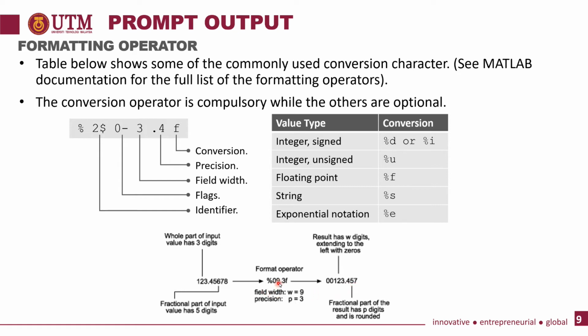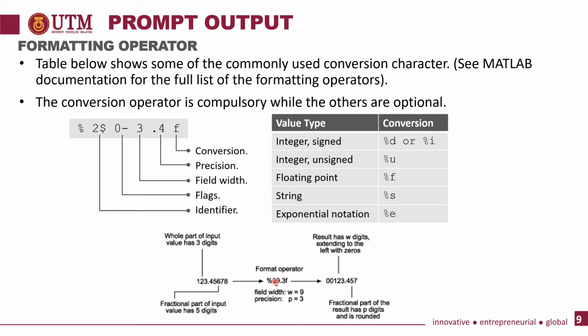Okay, so actually 9 here is what we call the fill width. The fill width is the number of elements that will be displayed inside your output. For example, here, this is the output that has been produced. We have 1, 2, 3, 4, 5, 6, 7, 8, 9. So it has a fill width of 9, because it has a total of 9 elements here.